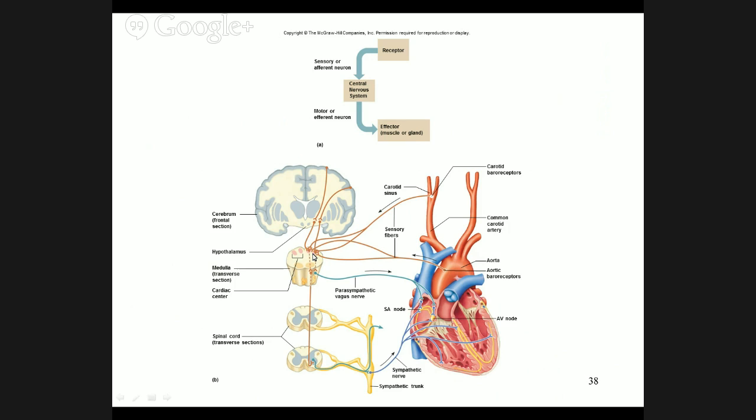Then there's the integration of the message, and the message is sent back to the parasympathetic vagus nerve and along to the SA node. And we also have a sympathetic message that can go to the heart if there's a need for the heart to increase its stroke volume or contraction.